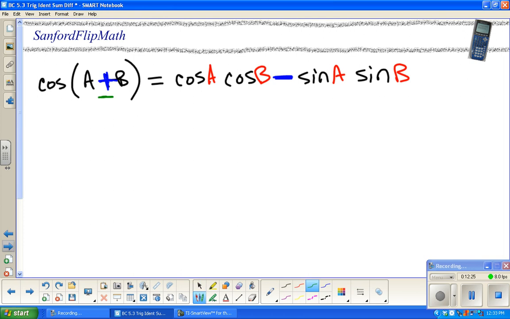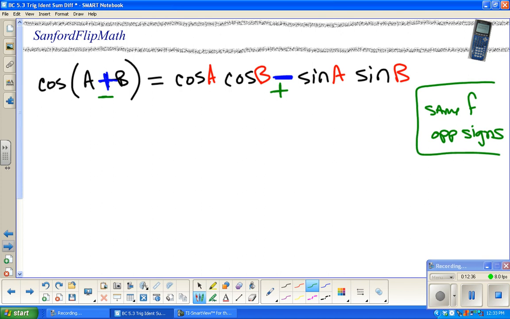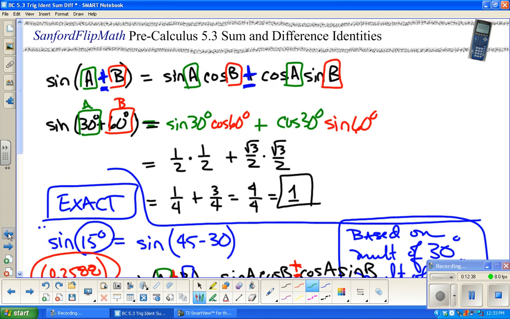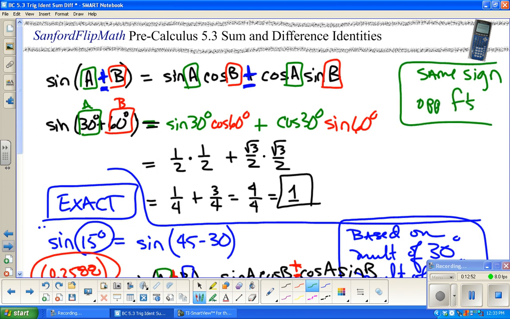If this says minus, this says plus. So it has the same function together, but opposite signs. Whereas sine had the same sign together, in other words, if it's plus, but opposite functions. So instead of sine, sine, or cosine, cosine, it's sine, cosine, cosine, sine.